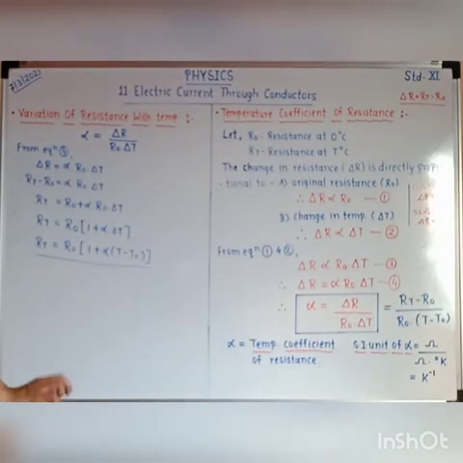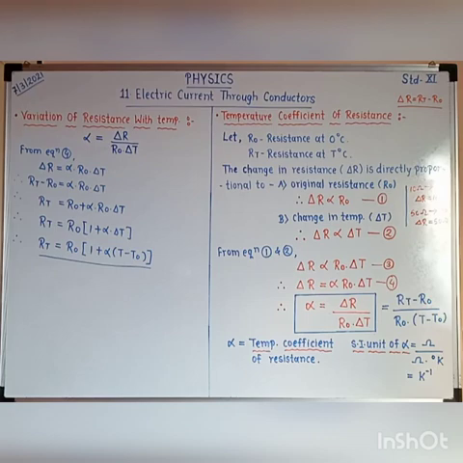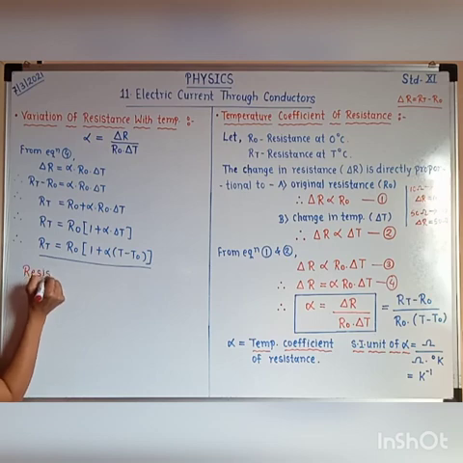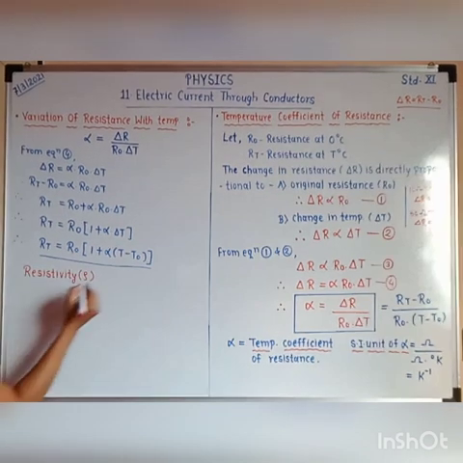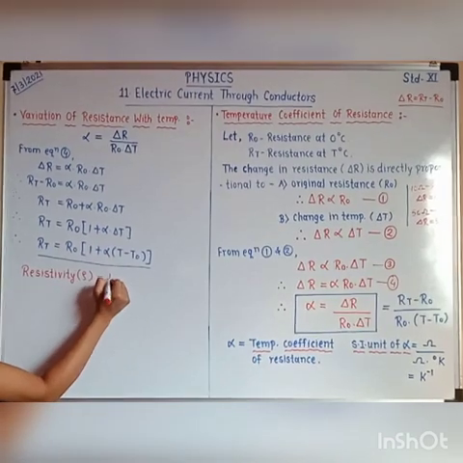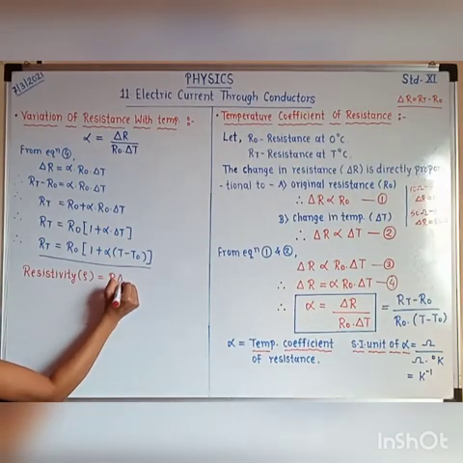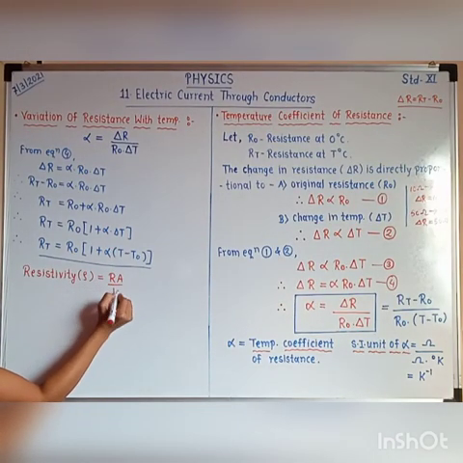Now we will find the temperature coefficient in terms of resistivity. So what do you mean by resistivity of the material? The resistivity of the material is denoted by the letter rho, and it is defined as the resistance per unit length.